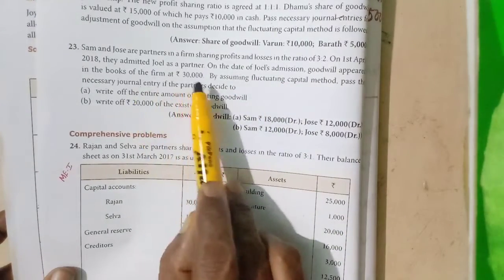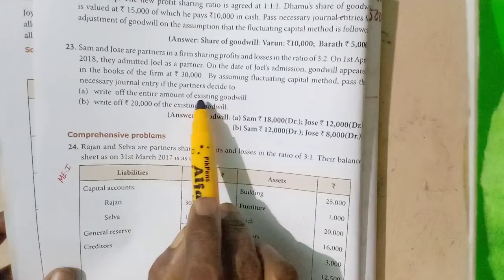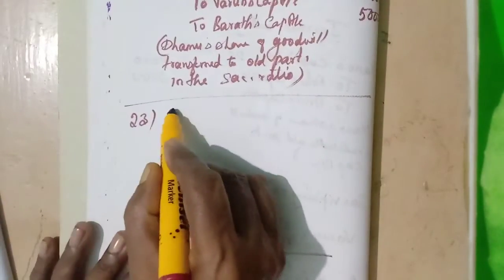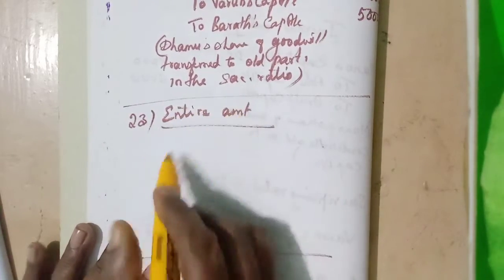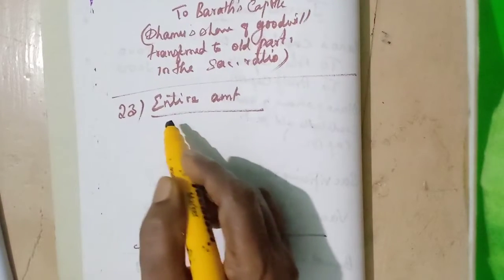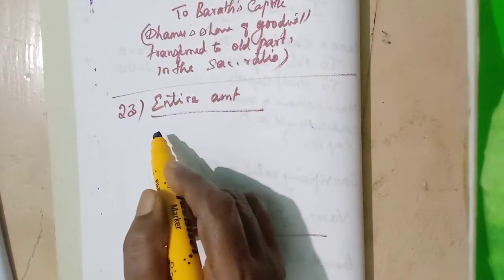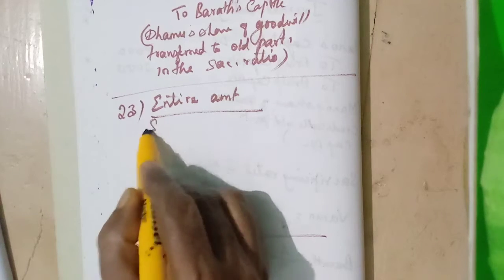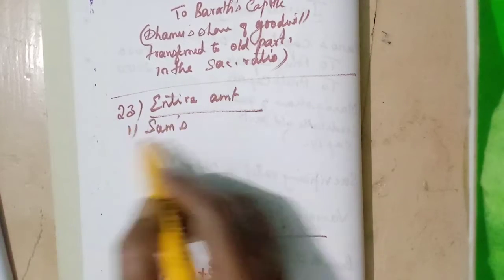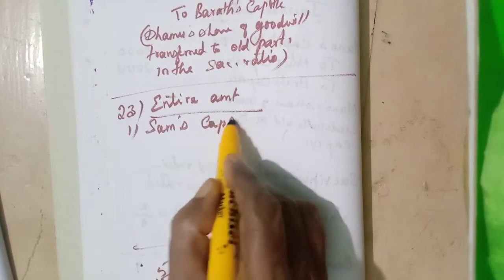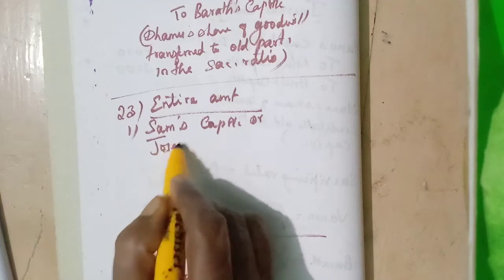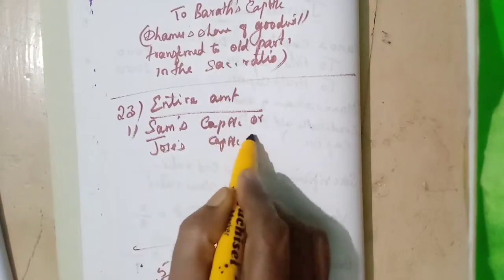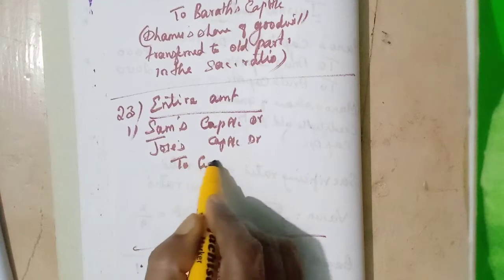Goodwill in the books of the firm is 30,000. Write off the entire amount of existing goodwill, or write off 20,000 of the existing goodwill. When the entire amount is written off, what is the journal entry? We should debit the partners' capital accounts: Sam's capital account debit, Joe's capital account debit, to goodwill.